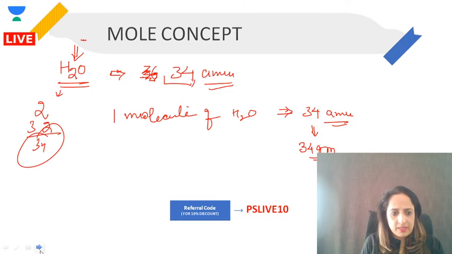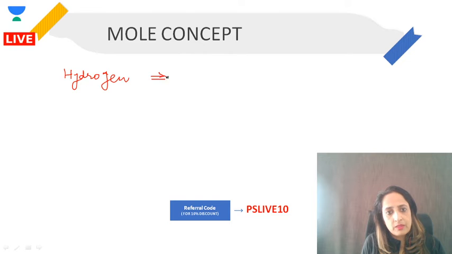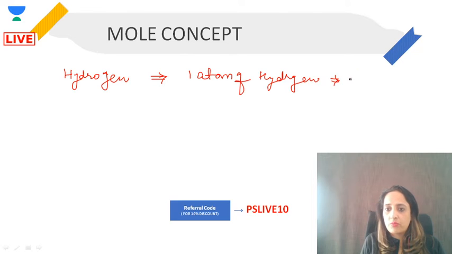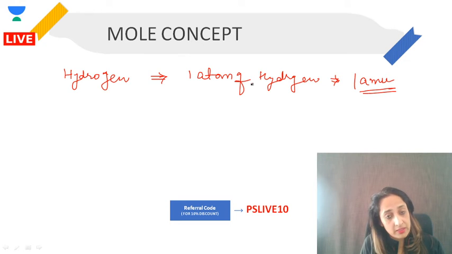I'll take another example. For example, you have hydrogen. One atom of hydrogen is equal to 1 AMU, 1 atomic mass unit.